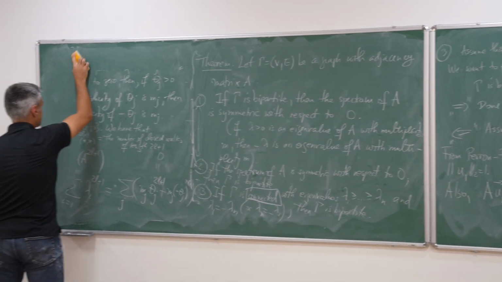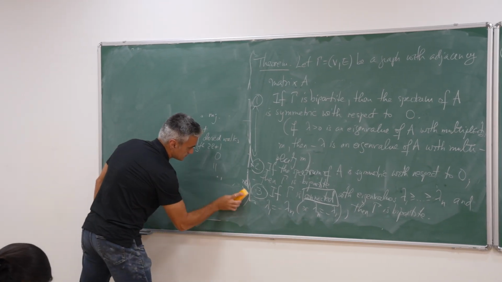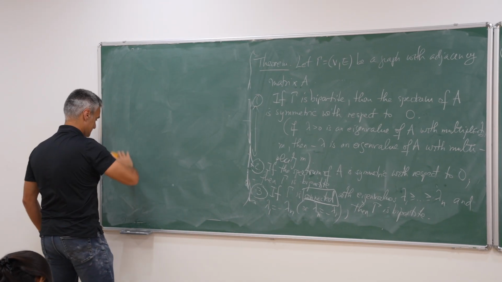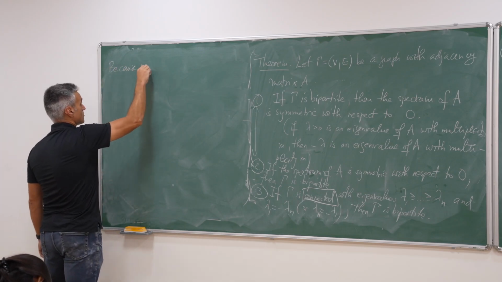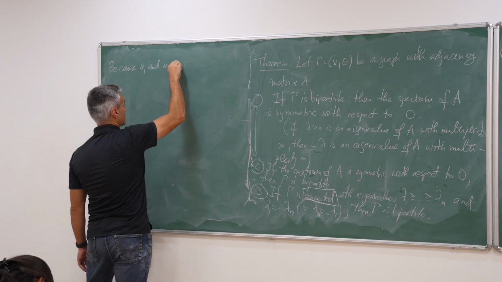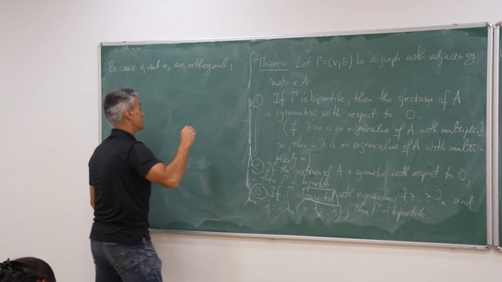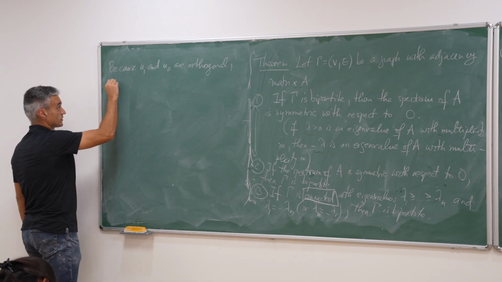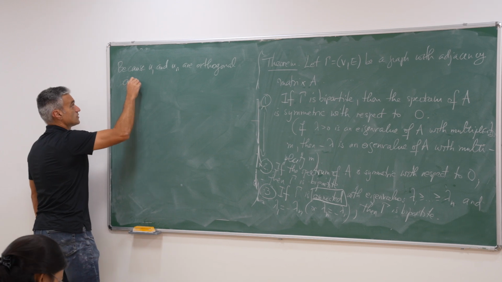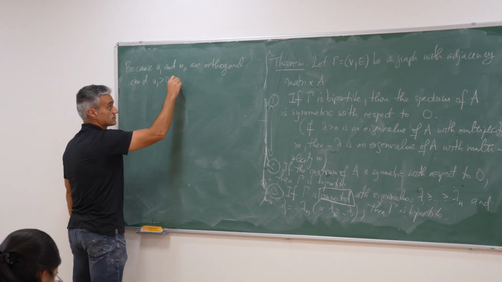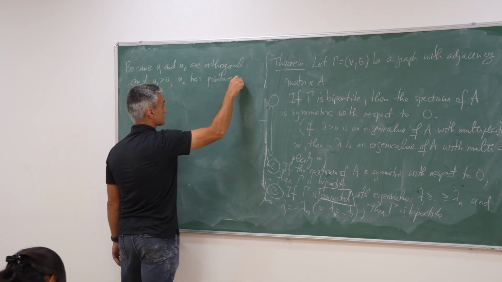So because u1 and un are orthogonal, what can we say about un? u1 is positive, so un has positive and negative entries.